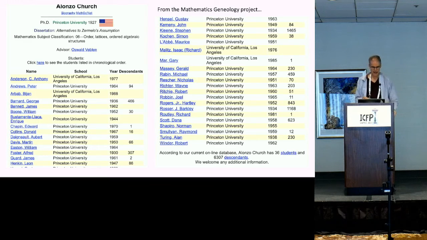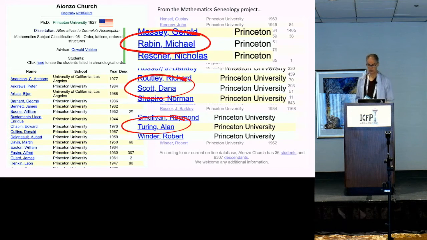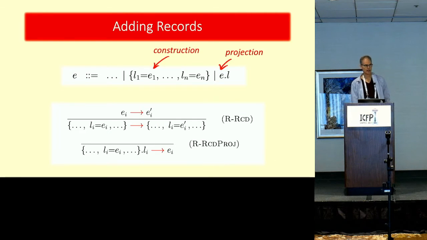He had something like 50 students, and something like 6,000 academic descendants. And among them are a whole ton of famous logicians, but also three famous computer scientists. So not only Alan Turing, but also Michael Rabin and Dana Scott. Okay, end of historical interlude, and let's go back to our little lambda calculus.